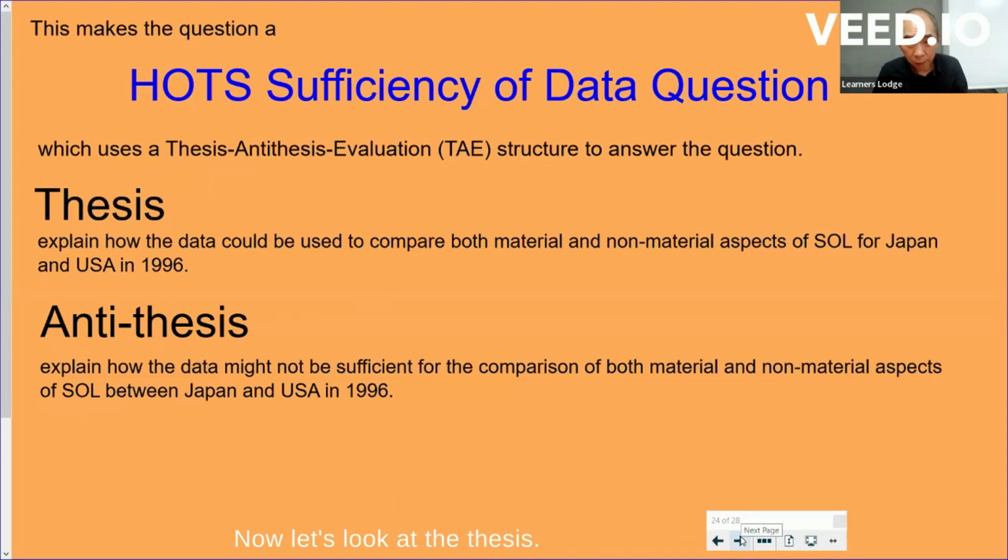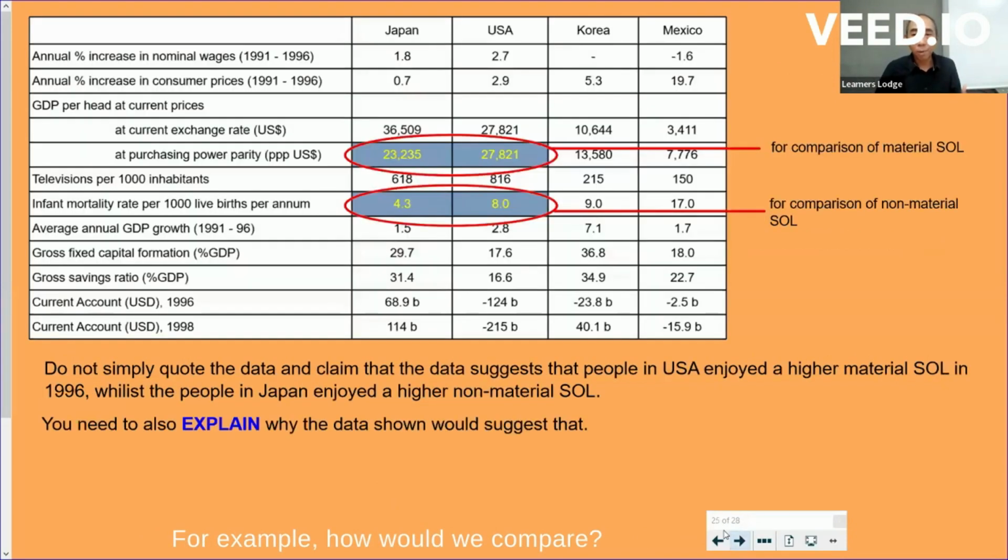Now, let's look at the thesis, for example. What economic data can I use here to compare material SOL? Well, if you look at the GDP per capita using PPP, Japan's value is $23,235 US, while USA's PPP value was $27,821.